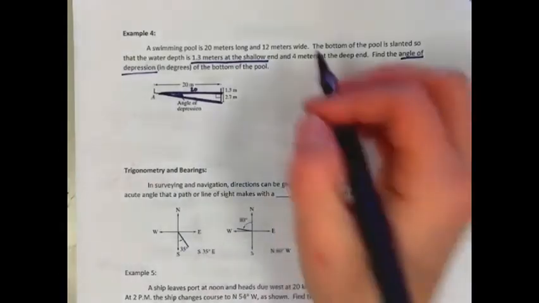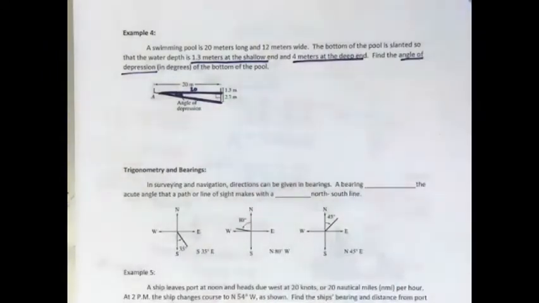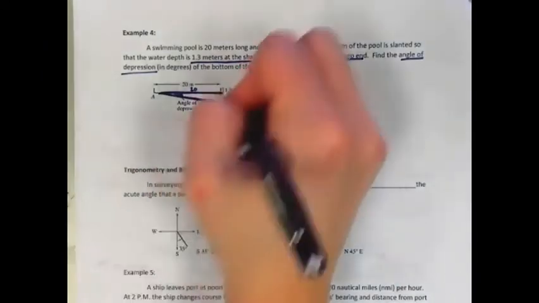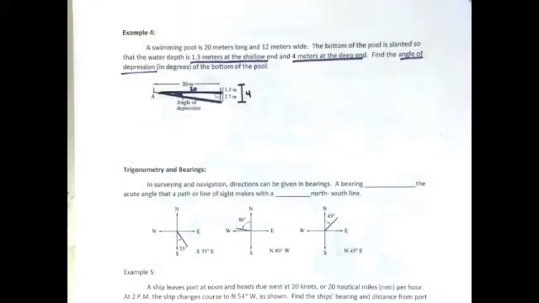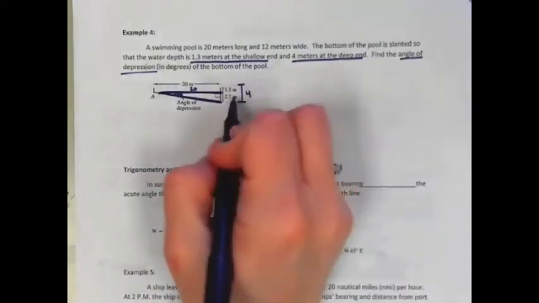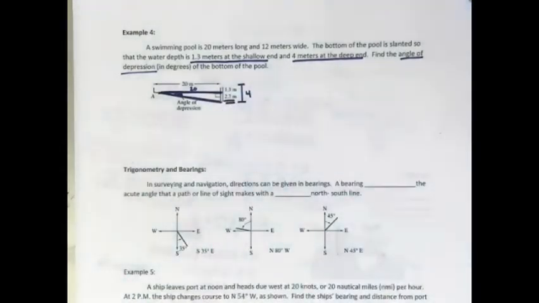Then it said it's 4 meters at the deep end. So at the top of the water, all the way down to the deep end is 4 meters. But does that slant start at the top of my pool? No, it starts where? At the horizontal line. So that's where we took off. That's where that 2.7 came from, taking 4 minus 1.3. Okay. So I just want to talk about that.